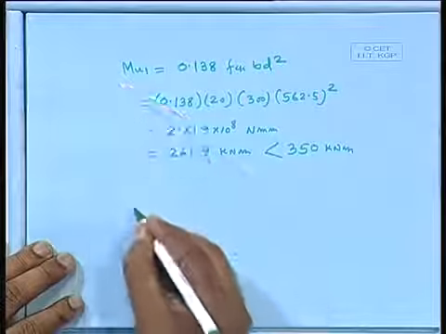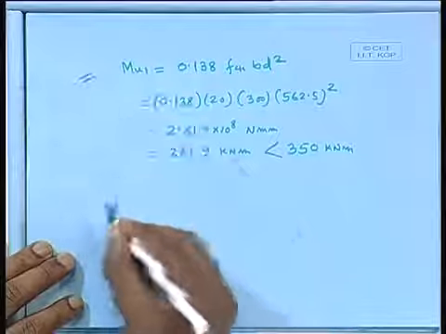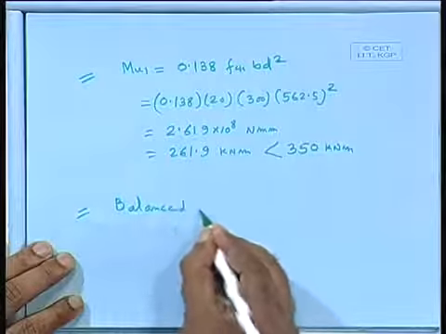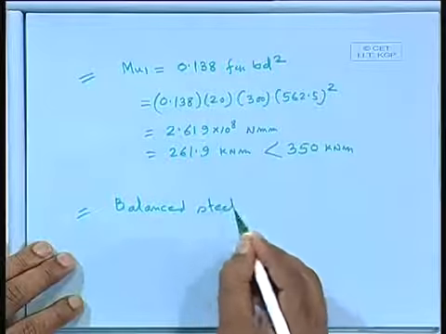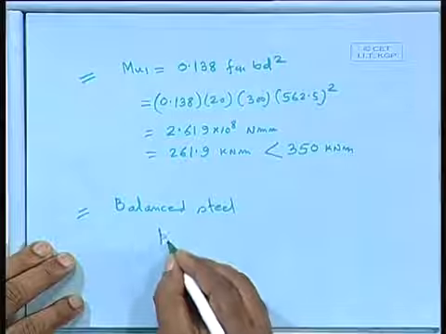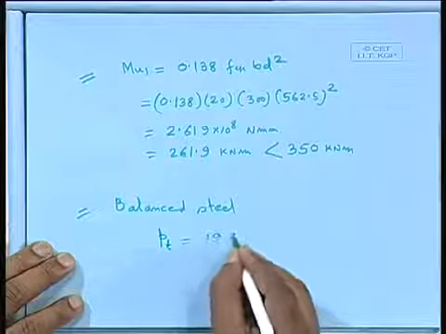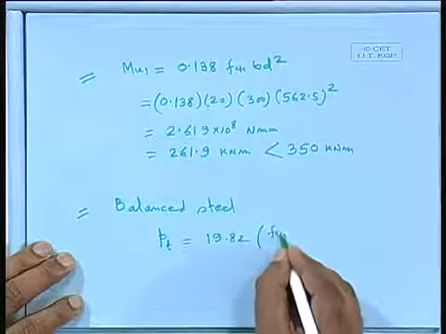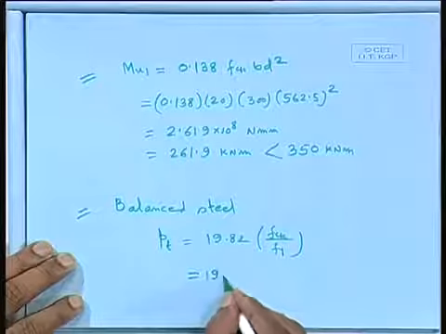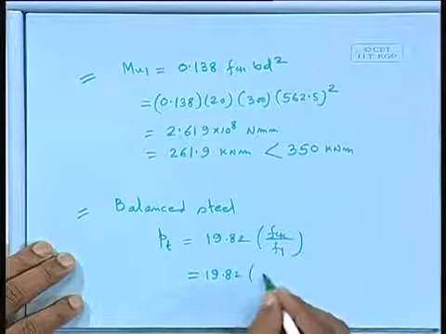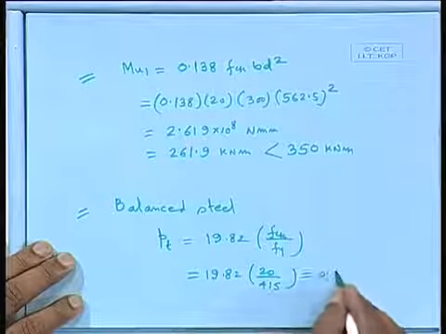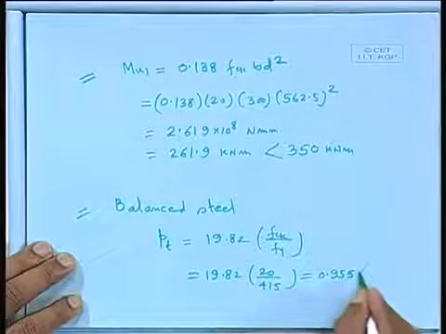What about balanced steel? You can start with the first principle. Instead of that, I am using pt equal to 19.82 fck by fy, equals 19.82 times 20 by 415, which comes as 0.955%.